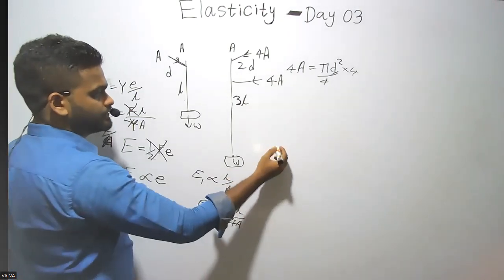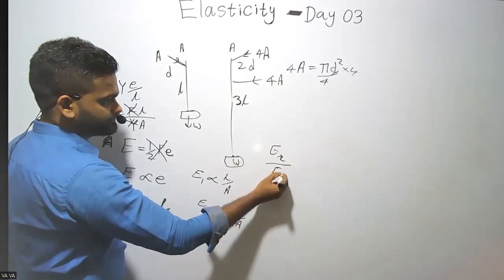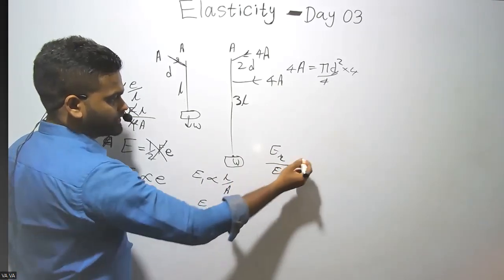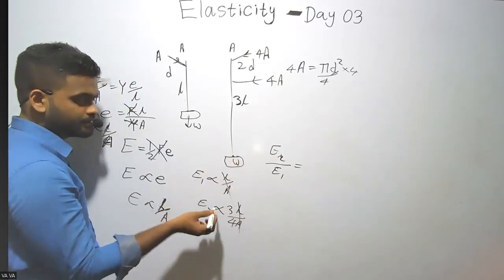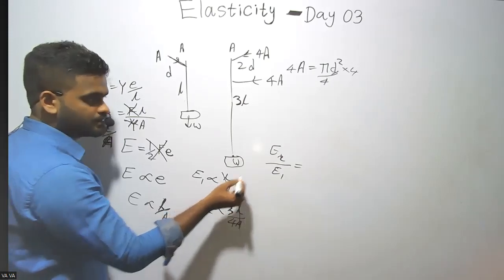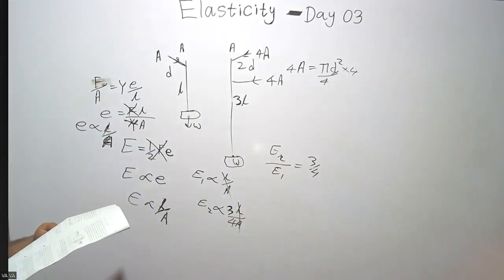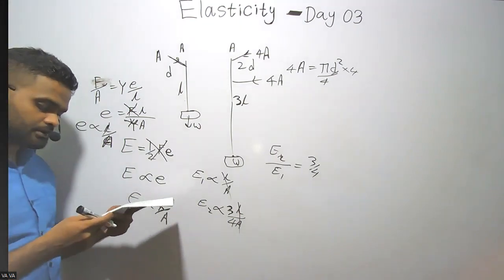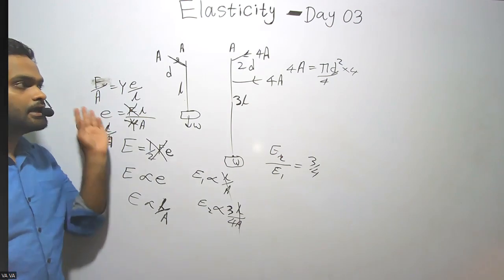Then I'll divide E2 by E1. L over A cancels off when you divide. What is remaining is 3 over 4, and this becomes just 1. So this is 3 over 4. They are asking about the ratio, so the answer should be the second one.